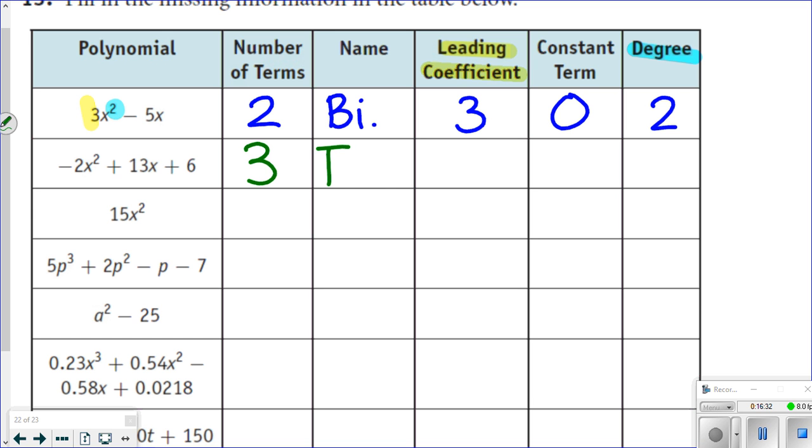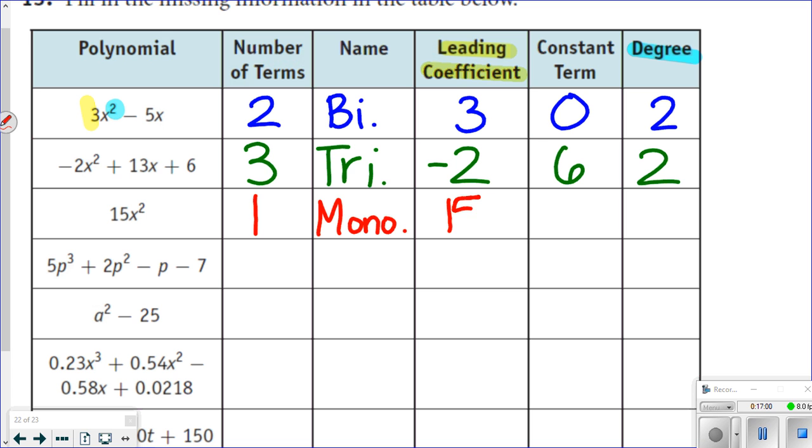Three terms, so I call it a trinomial. Leading coefficient is -2 because it's already in standard form. Constant term is 6. Highest exponent, biggest exponent is 2. One term, so it's a monomial. Leading coefficient is 15.